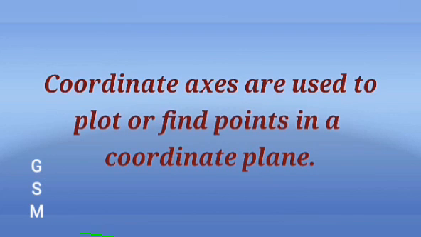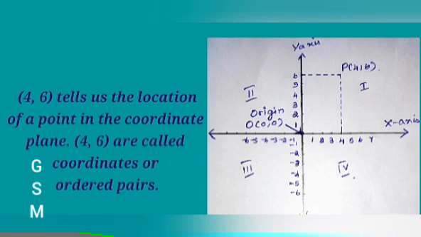The origin separates the coordinate plane into 4 regions called quadrants. Coordinate axes are used to plot or find points in a coordinate plane. For example, (4, 6) tells us the location of a point in the coordinate plane. (4, 6) are called coordinates or an ordered pair.